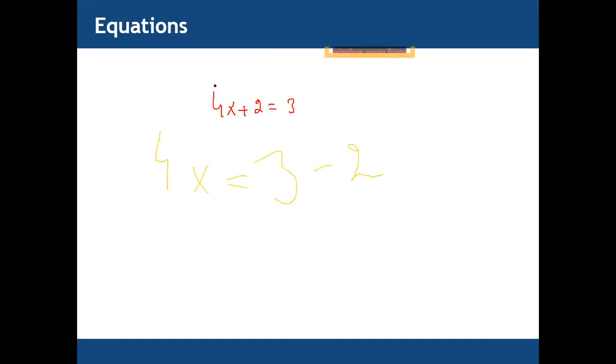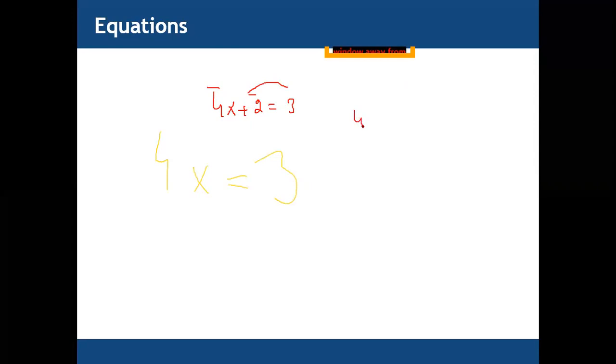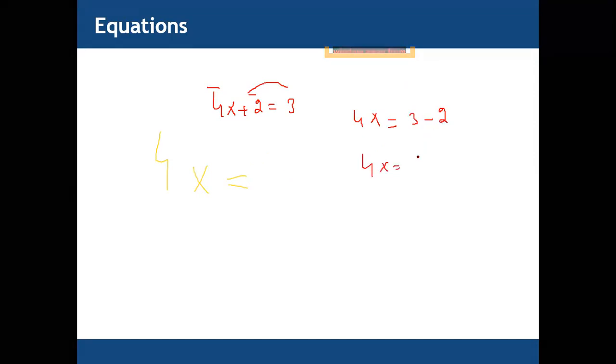Transfer 2 to the other side and divide both sides by 4. We can transfer. So we need to transfer the 4 and the plus 2 to the other side. Variable on one side, constant on the other side. First of all, if you transfer 2 to the other side, we have 4x equal to 3 minus 2. So 4x is equal to 3 minus 2 equal to 1.